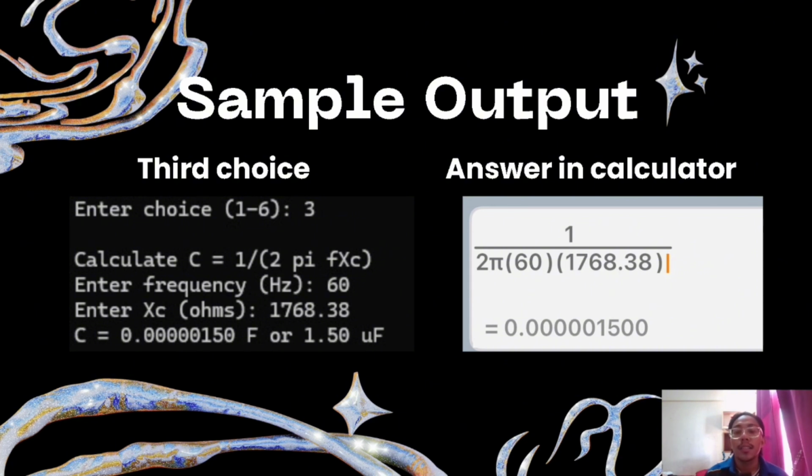is to calculate C, which the formula is 1 over 2 pi F times XC, and after that we enter the frequency, which is 60 Hz, and then we enter the XC that we got, which is 1768.38, and then we got the value of the capacitance, which is 0.000015 microfarad, which is the same as the calculator calculation.